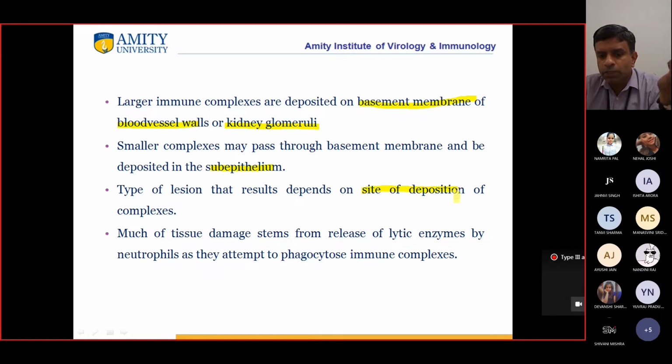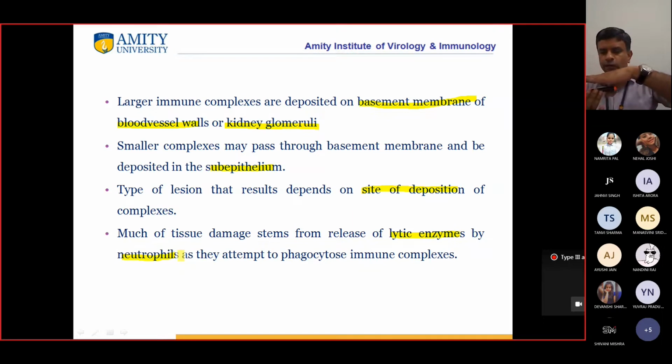Much of the tissue damage stems from the release of lytic enzymes by the neutrophils as they attempt to phagocytize these immune complexes. You can see some of them are on the basement membrane, and some are beneath the basement membrane.